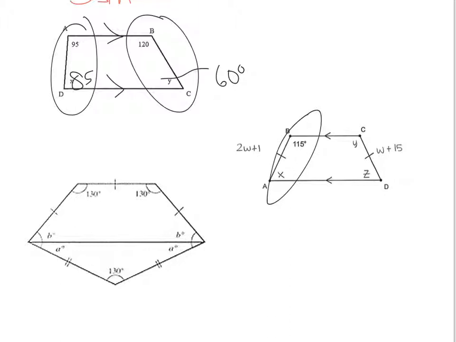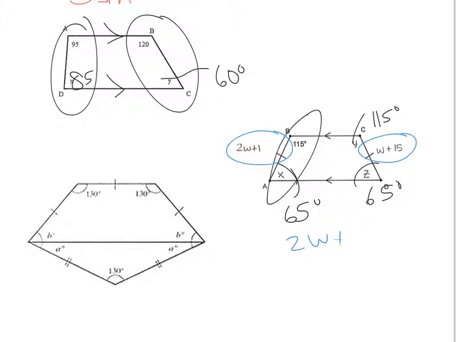These two add up to 180, so this is 65 degrees. And then the base angles have to be congruent, so this has to be 65 degrees and this has to be 115. And then these two sides are congruent, so you would do 2w plus 1 equals w plus 15. So w equals 14.